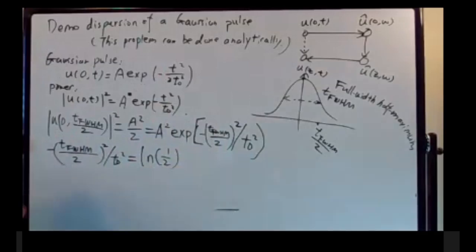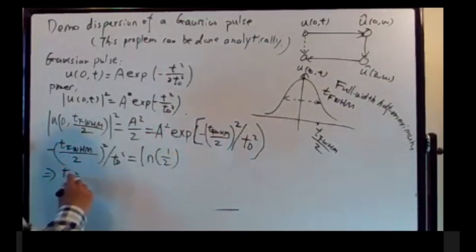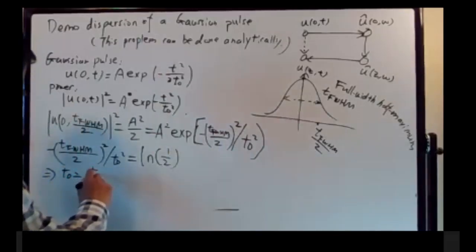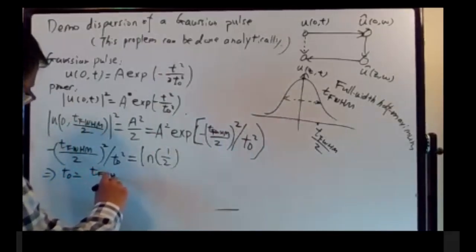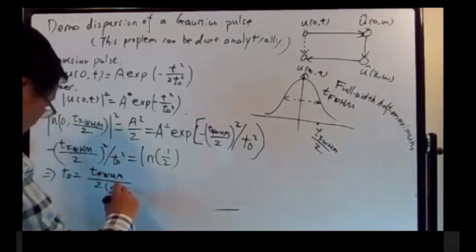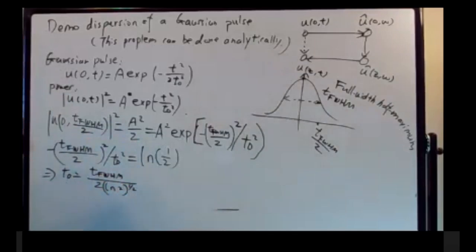So what we want is a relationship between T naught and T full width half maximum, right? So I move T naught to the right-hand side. So T naught equals, then we take a square root, right? So it's T full width half maximum divided by 2 natural log, it's 2, and then square root, right?